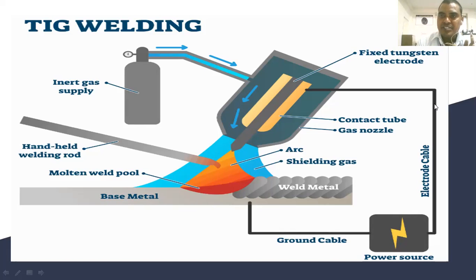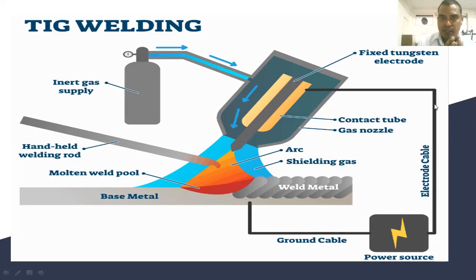After striking the arc, it is allowed to impinge on the job and a molten weld pool is created. In this welding, we are using the welding torch and the filler metal, which are generally kept inclined at an angle of 70 to 80 degrees and 10 to 20 degrees respectively with the flat workpiece.